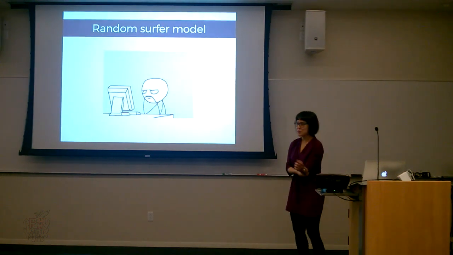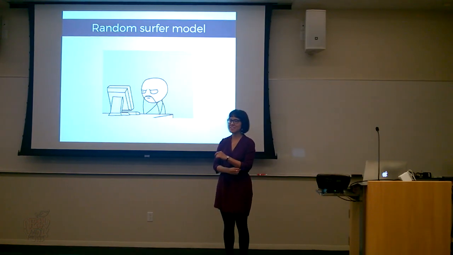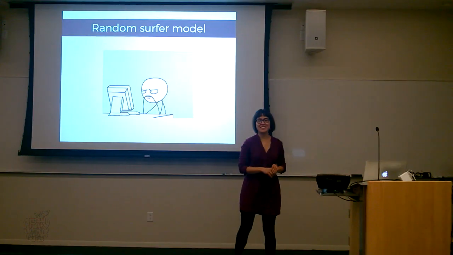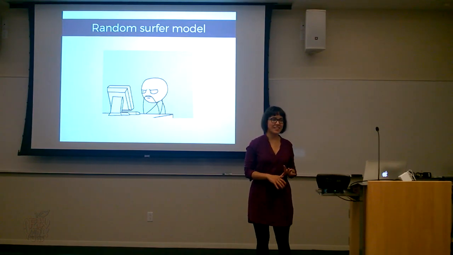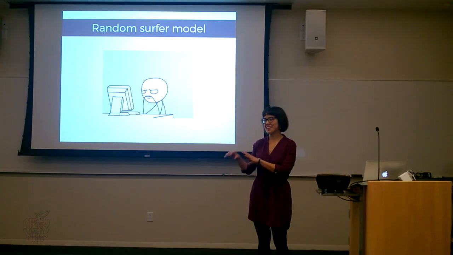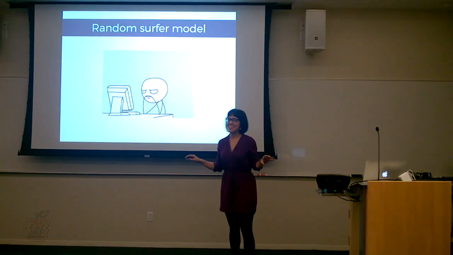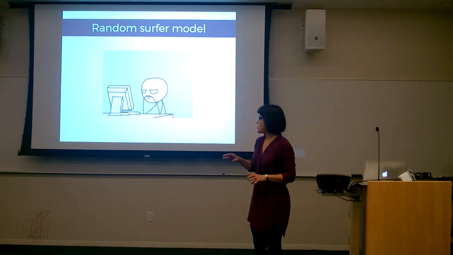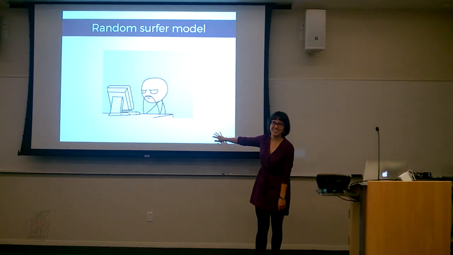The main idea behind Google's PageRank is the so-called random surfer model. Imagine a person sitting at a computer, browsing the internet, and randomly clicking on links. I'm sure that never happens in reality. I never ended up on some web page not knowing how I got there. But this guy does that, and he does that for eternity.